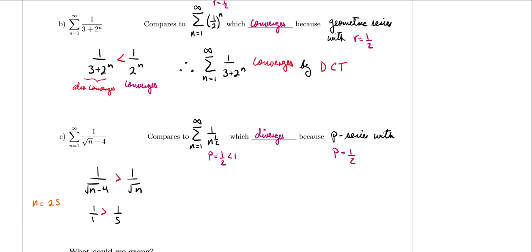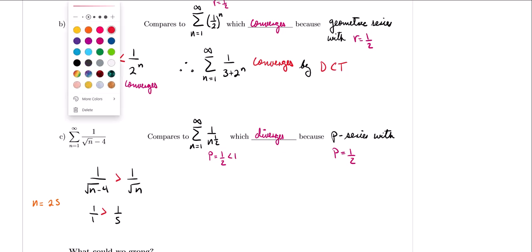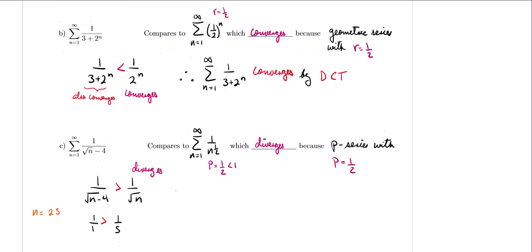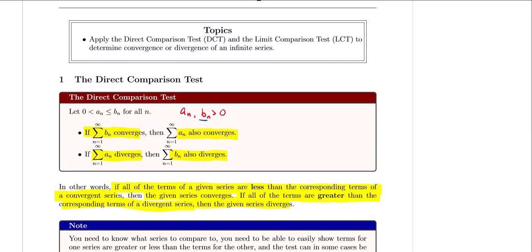Okay, so what is this telling us right now? Well, we don't know whether the original series is going to be converging or diverging. We know that this one is diverging. So what does the direct comparison test tell us? Well, going back to it again, if the larger of the series converged, then the smaller one also converged.